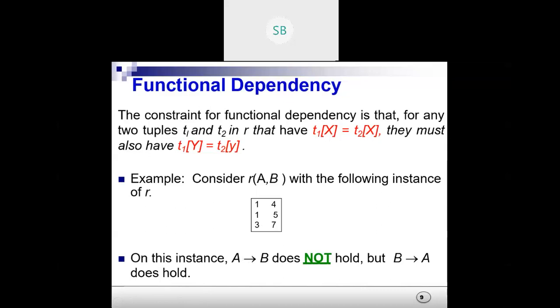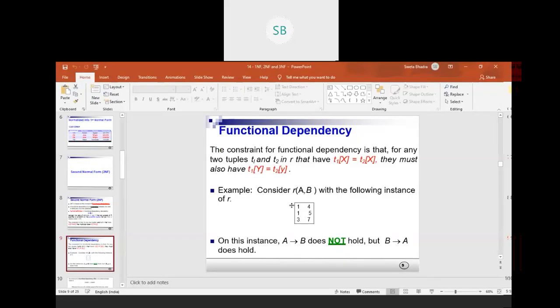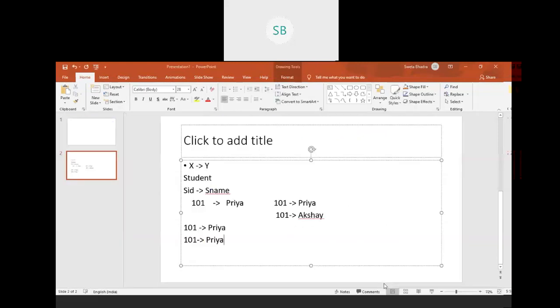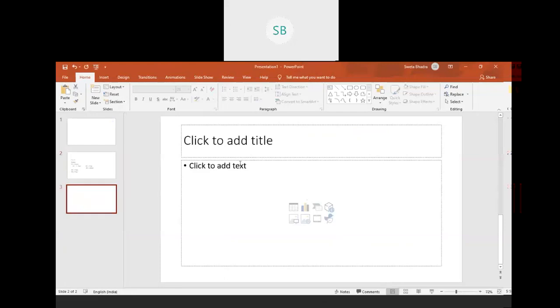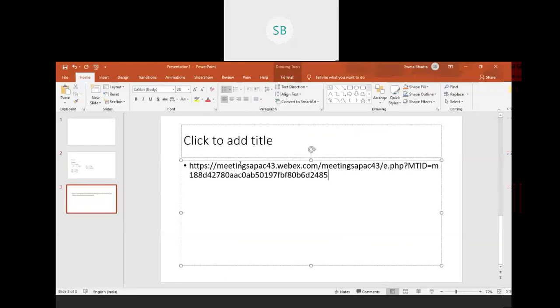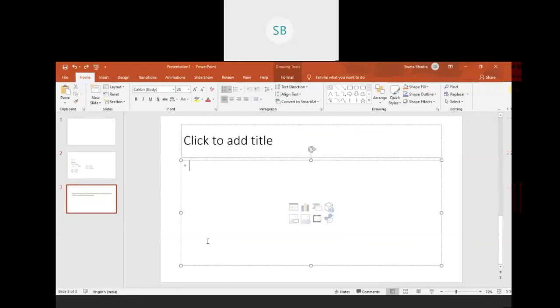So how it is saying so? So we'll just check this example in the, let me just wait. I will show you in the slide. Sorry, it's not copied, I guess.